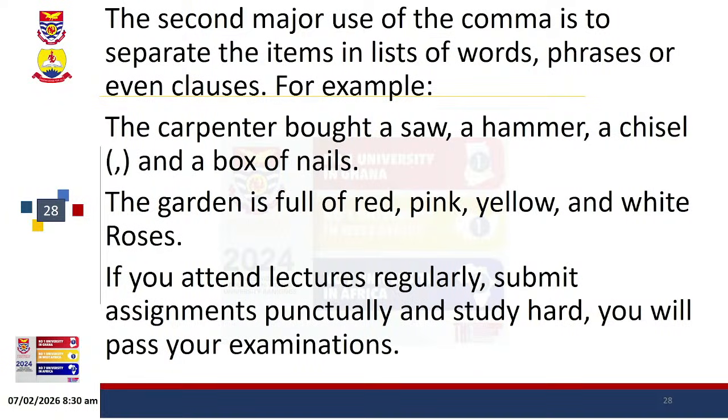Okay, good. The garden is full of red, pink, yellow, and white roses. We are separating the red, the pink, the yellow, and the white roses because these are items or things that are listed in the garden.